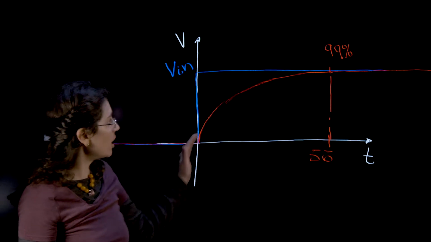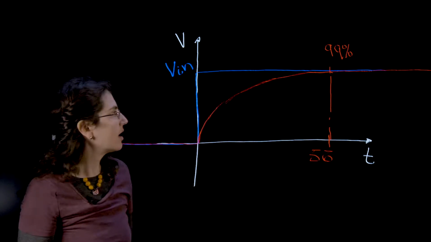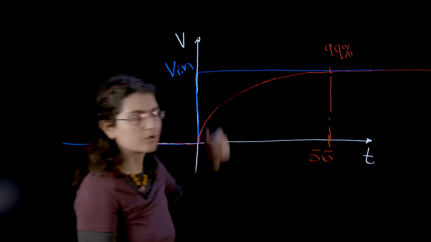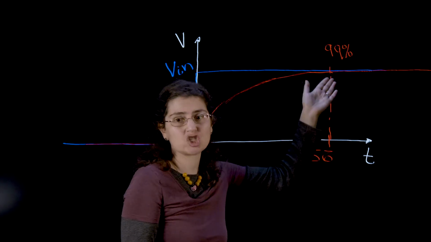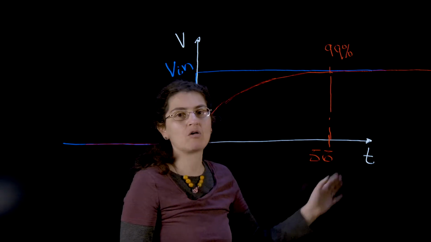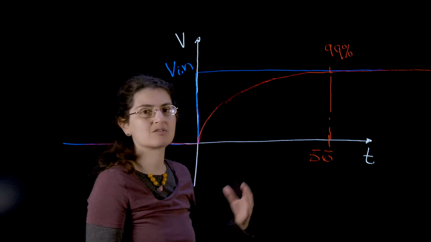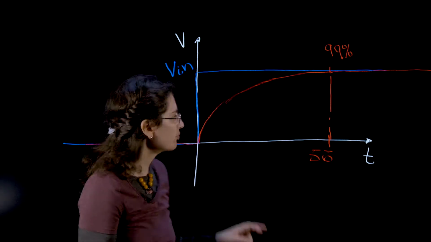Of course, this curve is asymptotic, so it will actually never reach the input voltage, but since at 5 tau it's charged to 99%, we assume that at times greater than 5 tau, our capacitor is already completely charged.